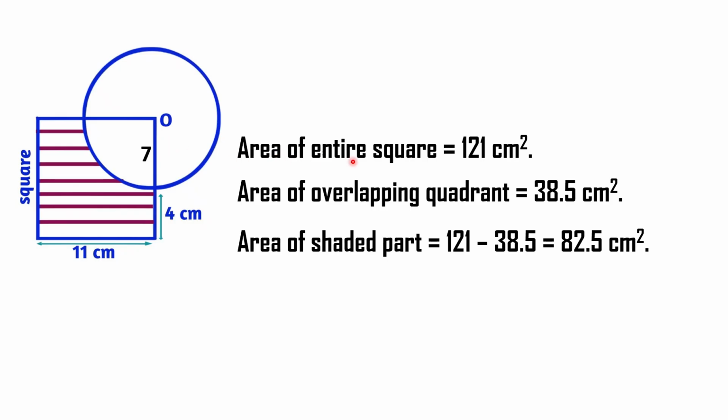So area of the entire square, 11 into 11, 121 square centimeters. Area of the overlapping quadrant, the unshaded part of the square, is 38.5.